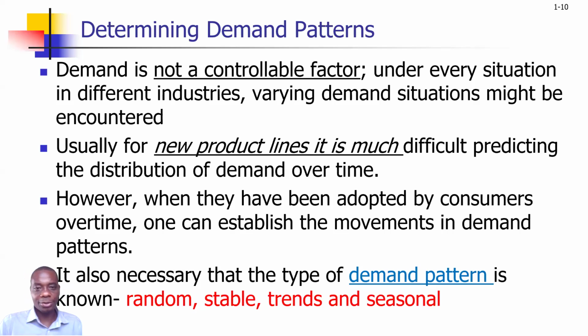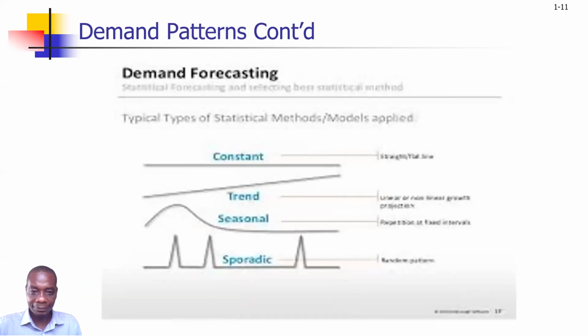So you are actually trying to understand and study them. It is easier for you to determine the demand for a product that you have been selling over the years. But when you have a new product, it will be difficult because you don't even know how large your new adopter community is and how many people will buy. But with time, for new products, you are able to determine the demand for them.